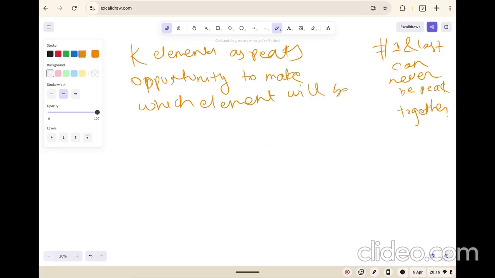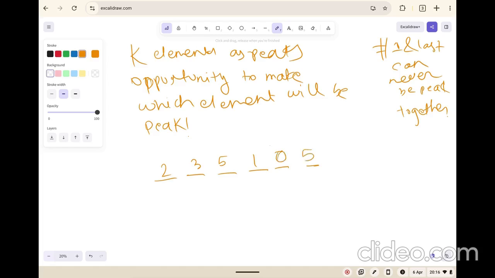Now this gets interesting. Why am I saying this? Let's say you had many elements: 2, 3, 5, 1, 7, 1, then 0, then 5.